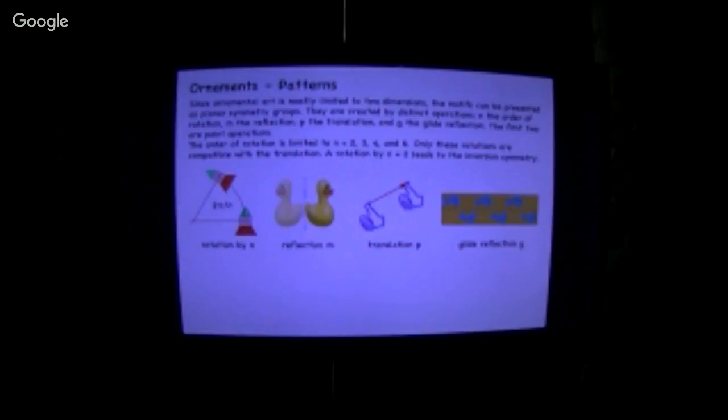If I speak about six-fold symmetry, then n is 6. That means I can rotate by 60 degrees and the object maps onto itself. The other point operation is reflection. Put a mirror and reflect the object, and therefore it's called M for mirror.